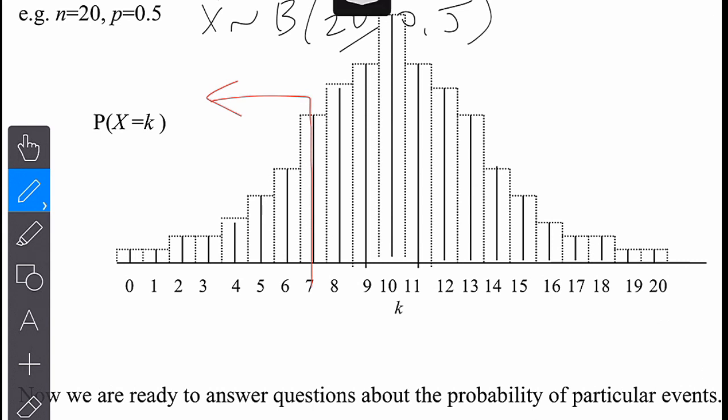With those parameters, this is the histogram that I can draw, and it looks symmetric and bell-shaped. And if you tested it, you'd find the normal properties exist. You could verify the 68, 95, 99.7% rule.